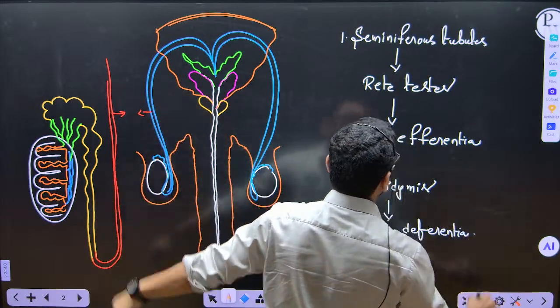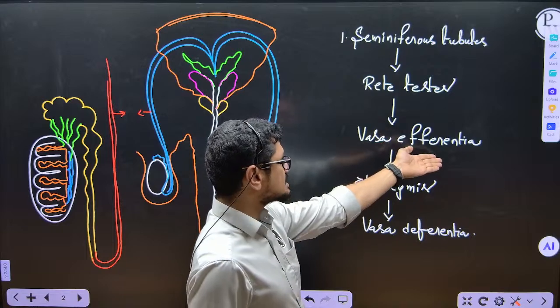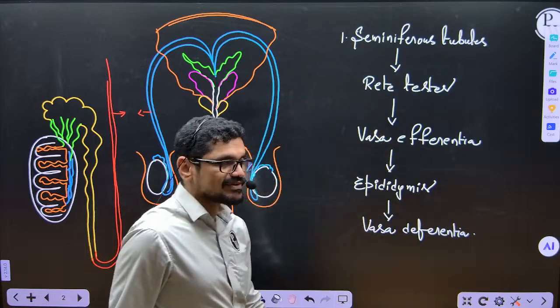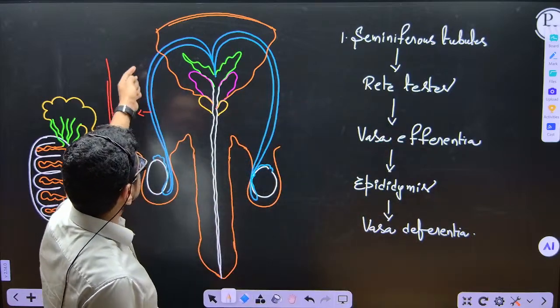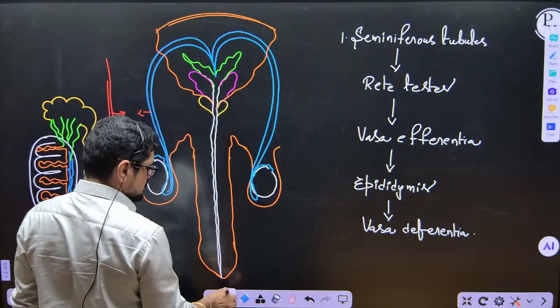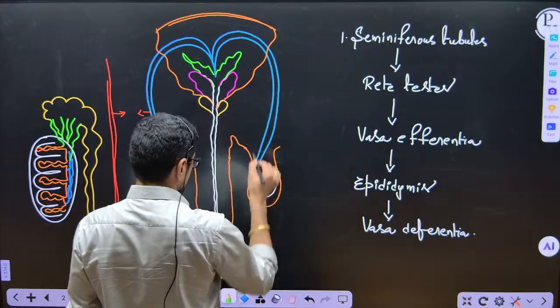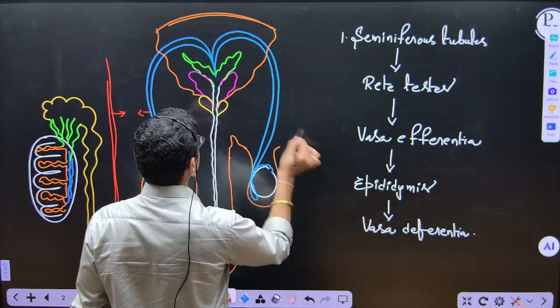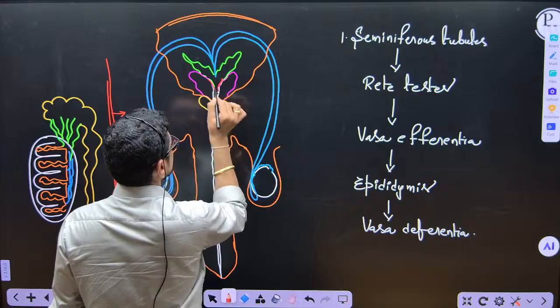Vasa deferentia is plural. As I have written vasa deferentia here, I have represented vasa deferentia. And now the green color one, the vas deferens, combined with the seminal vesicle, forms a duct. What is that duct? Ejaculatory duct. So that's one ejaculatory duct.